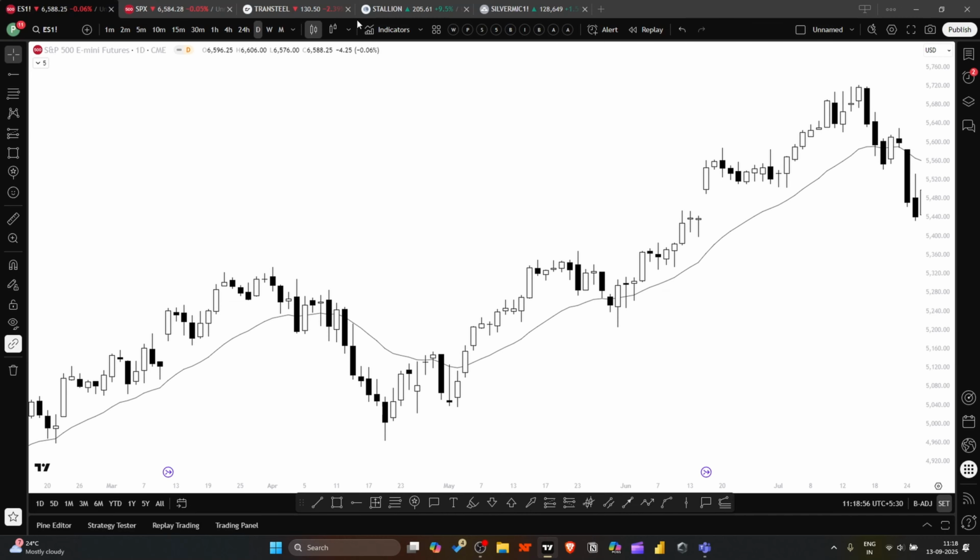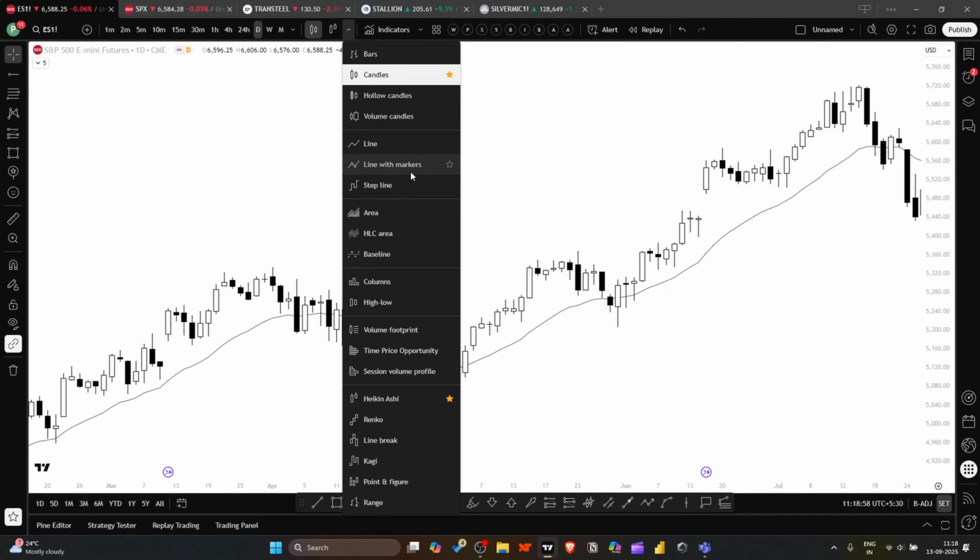If you come here and see, there is the line with marker, step line, area, high low close area, baseline, footprint charts, Renko charts, line break charts, Kagi, point and figure, range charts. But people use mostly candle charts and bar charts or line charts.